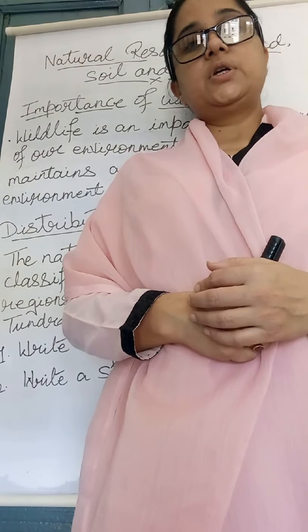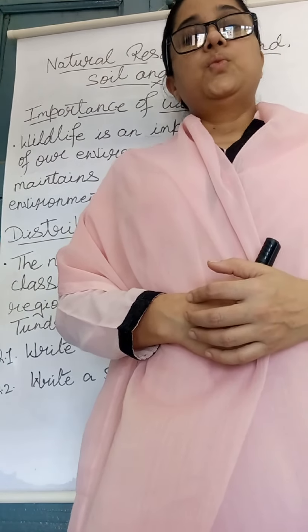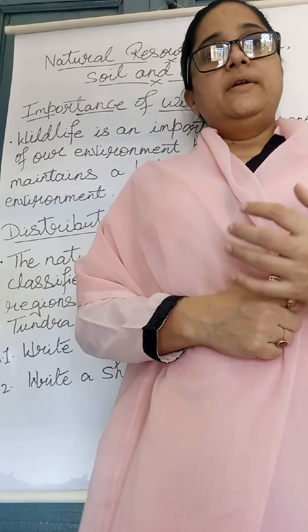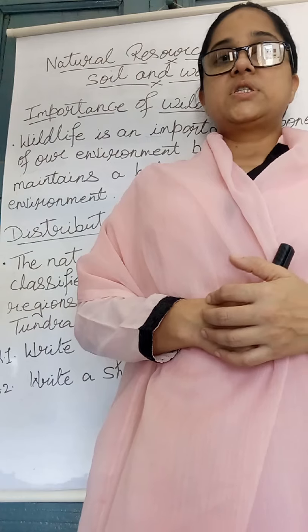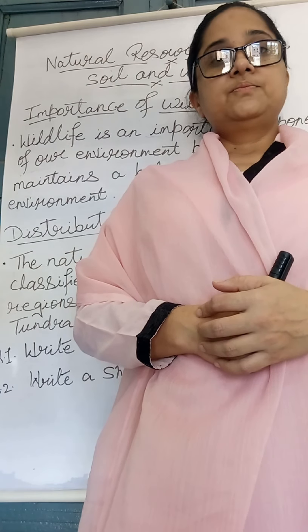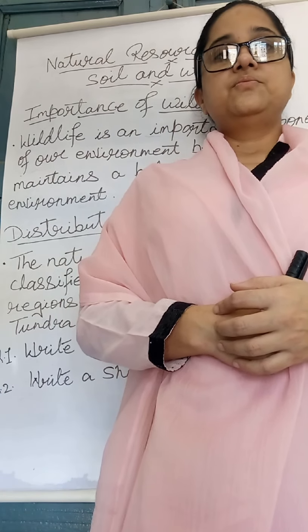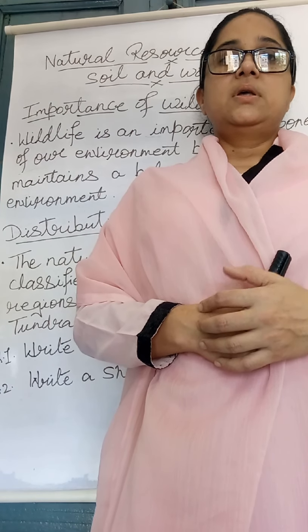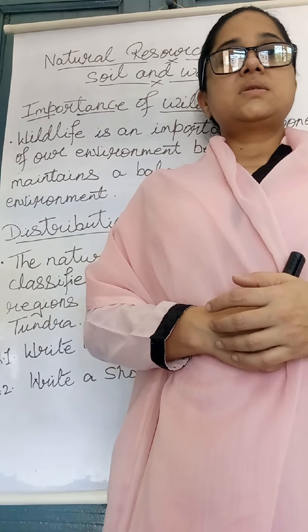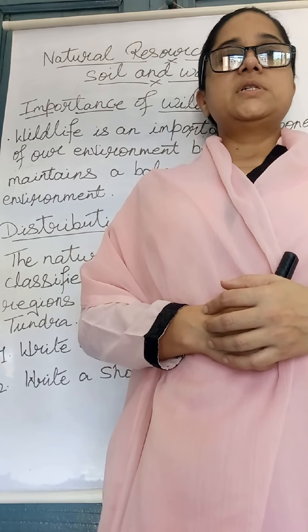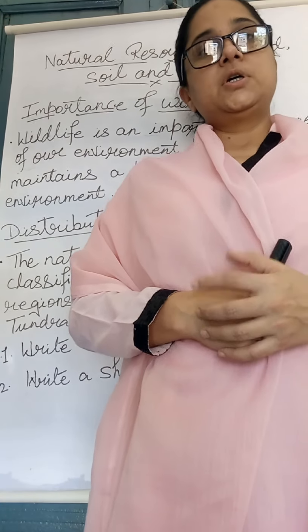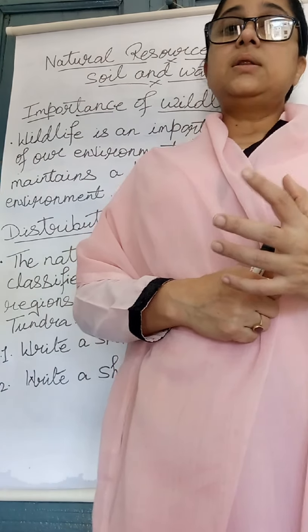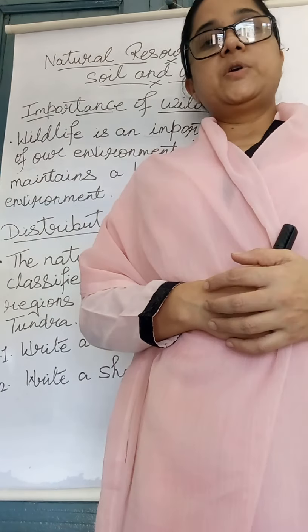It is very important to save the wildlife. Man's never-ending greed for skin, fur, ivory, horns and other animal products has led to reckless hunting of animals in many parts of the world. Man always kills animals for all these purposes.